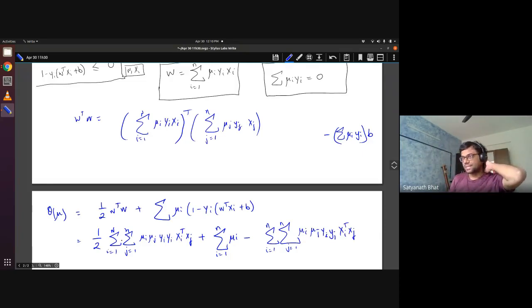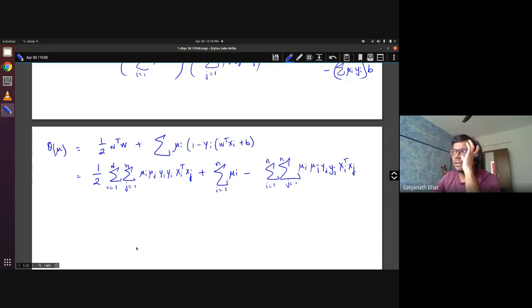But that is exactly the same as this part, so there will be some more simplification happening. So are we done? Yes, we are, because summation mu i is here. Mu i yi W transpose xi, W is given by this, so when you substitute this, you get this. And then there is mu i yi B, which is equal to 0, so that term drops off.